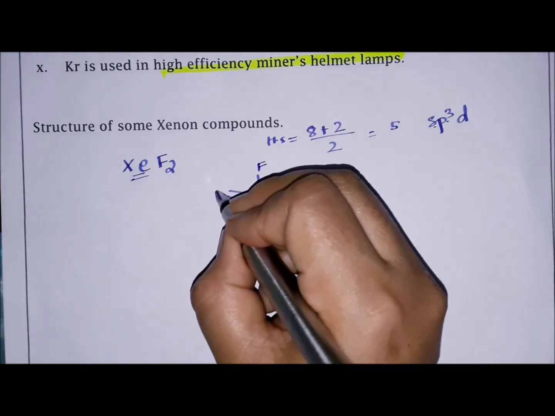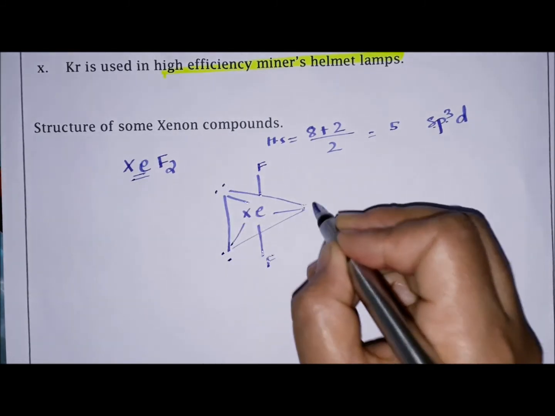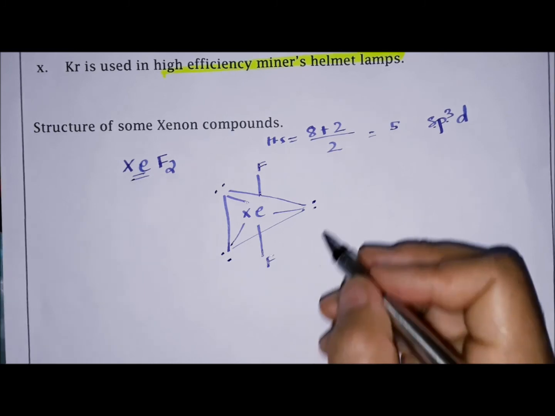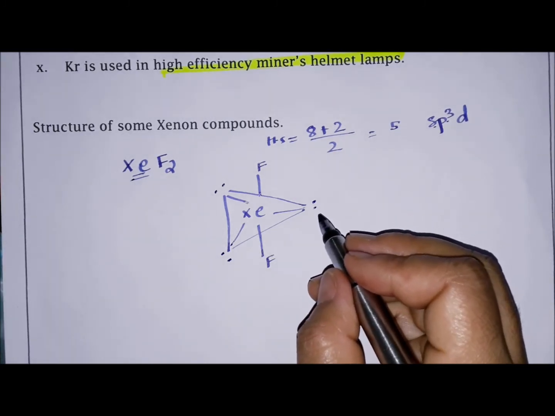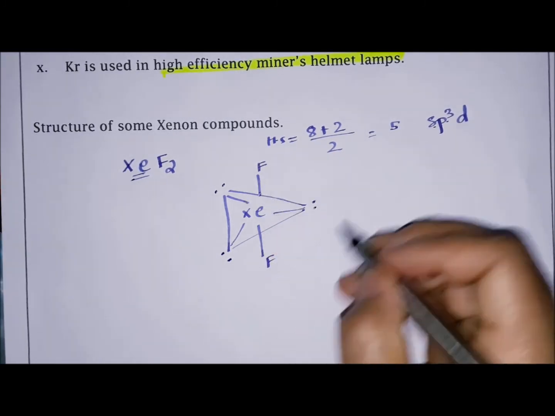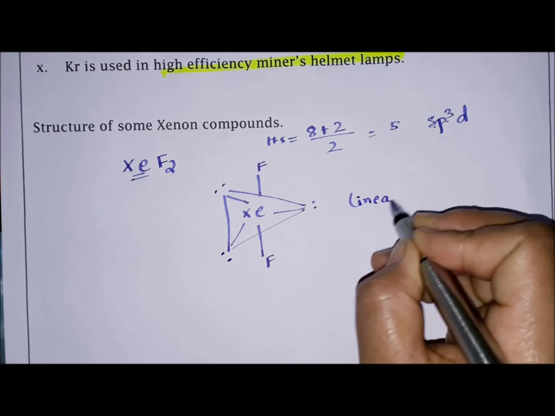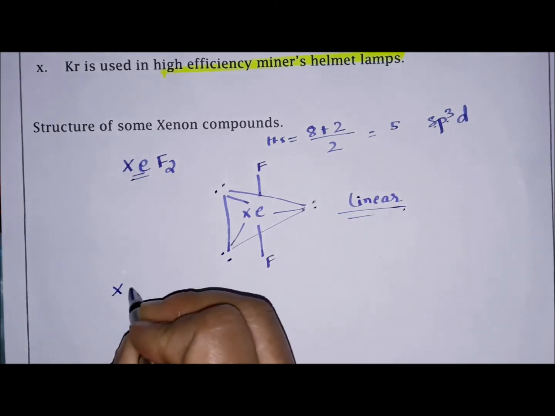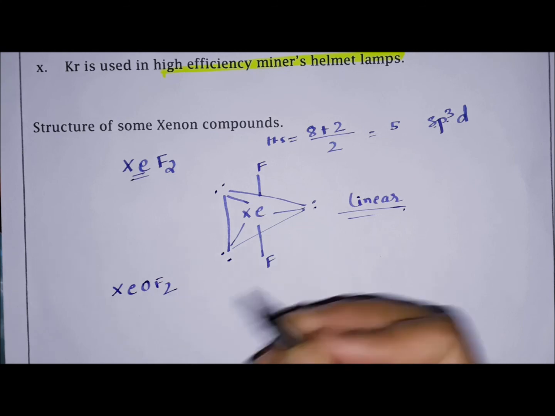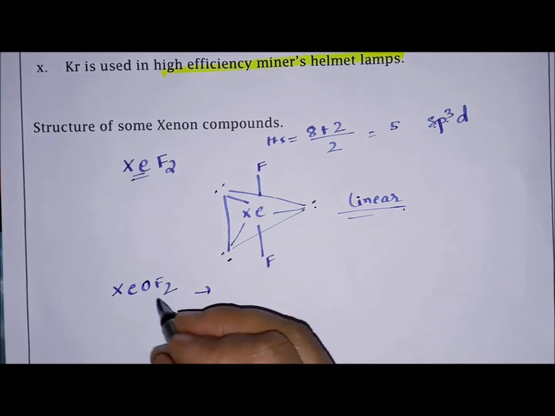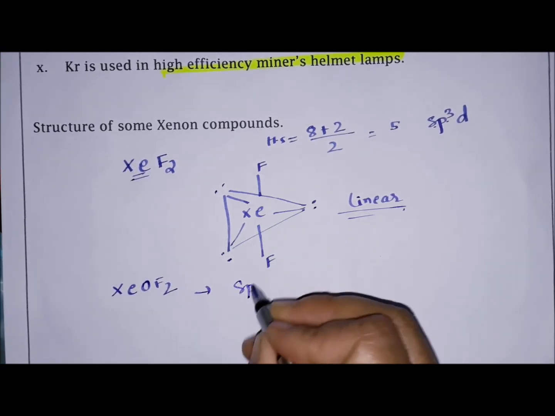Never place a lone pair at the axial position; place it in the equatorial position where it will experience minimum repulsion. So this shape is called linear, a perfectly straight line.